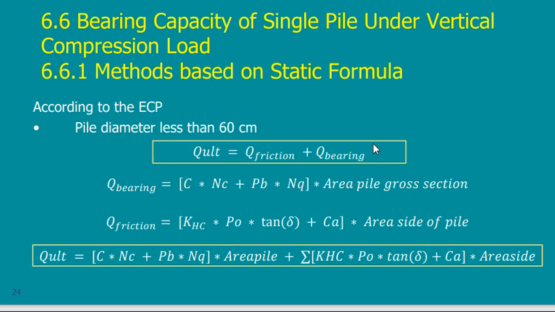So after we finish calculating the friction and the bearing, adding them together, and getting the allowable load from the ultimate, I have to calculate what the pile can carry as a concrete section and then take the minimum.